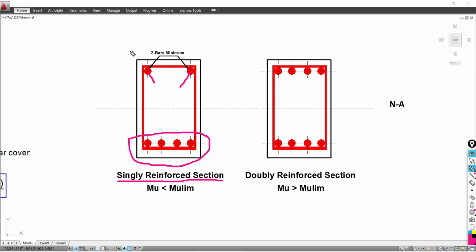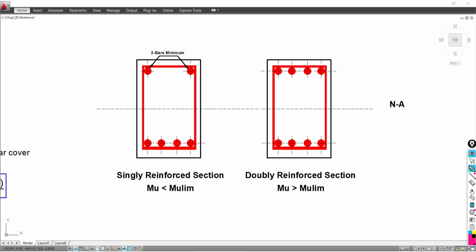When we are providing this singly reinforced section, the ultimate moment, whatever moment is coming to your beam, is less than the capacity of this section to carry the moment. What is the limiting capacity of this moment? That is called Mu limiting. If this condition is satisfied, at that time we design the singly reinforced section. It means there is a need to provide reinforcement at the bottom face only.